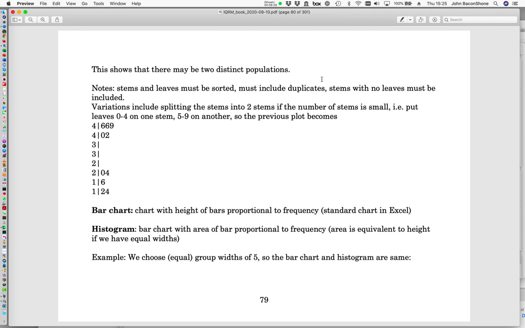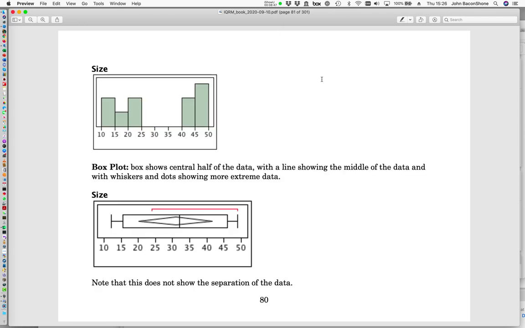Right? So that in itself is a little bit odd. Why do we only have certain digits? That might make us suspect that there is some pattern in the way the measurements have been taken. Maybe some grouping has taken place which we cannot see. Okay, so that's the bar chart or a histogram. It's both a bar chart and a histogram here.